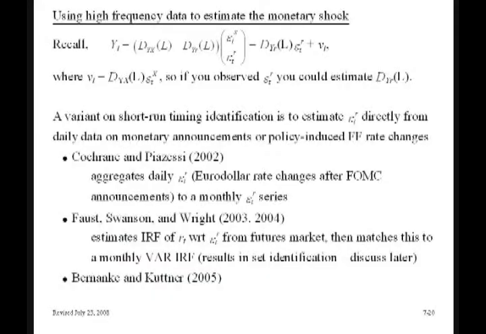If the open market committee doesn't meet and there were no announced changes, some months they're zero, other months they added them up, and you can imagine if there's some time that they made intermeeting changes, some months there might be two. They added those up, and they created a monthly series of interest rate surprises, which is the change before the announcement, after the announcement of the Eurodollar rate, and that constituted their monthly measure of epsilon TR.